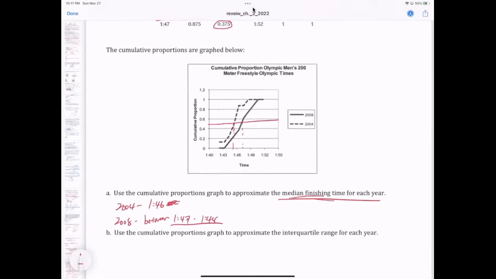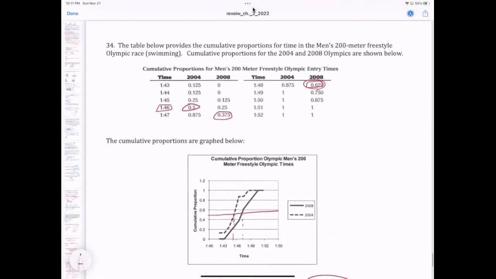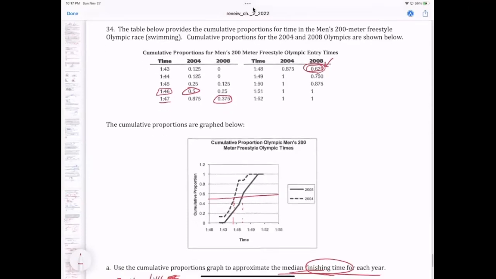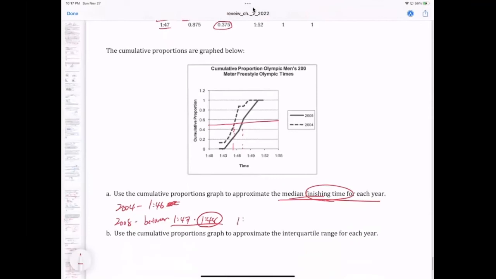Approximate the median finishing time, but this one's definitely closer. 147.5 in comparison to actually 1 minute and 47 seconds is also about the same distance from 0.5. So I will say 1 minute and 47 and a half would be the correct answer here. But exactly between 1 minute and 47 and 1 minute 48, I think this should also be sufficient.